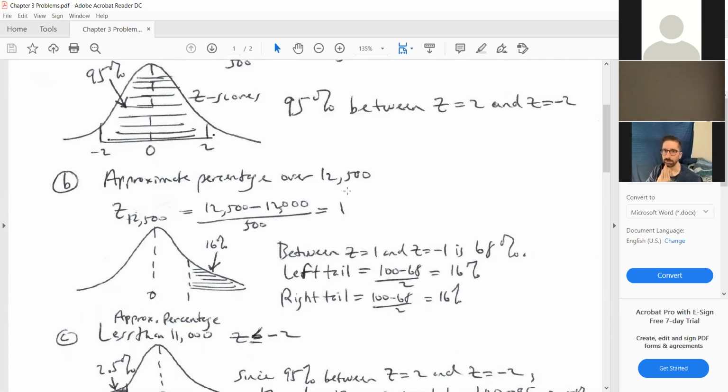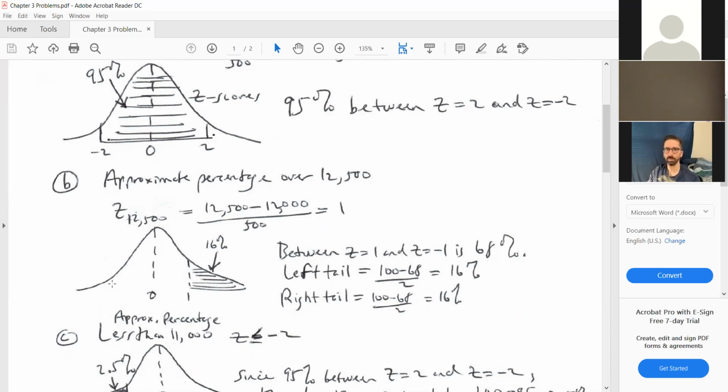And then the next one asked about the approximate percentage over 12,500 hours. Well, if you convert 12,500 to a z-score, you get 1. So 12,500 is 1 standard deviation to the right of the mean. We know that between plus or minus 1 standard deviation from the mean of a bell-shaped curve, according to the empirical rule, is 68%.